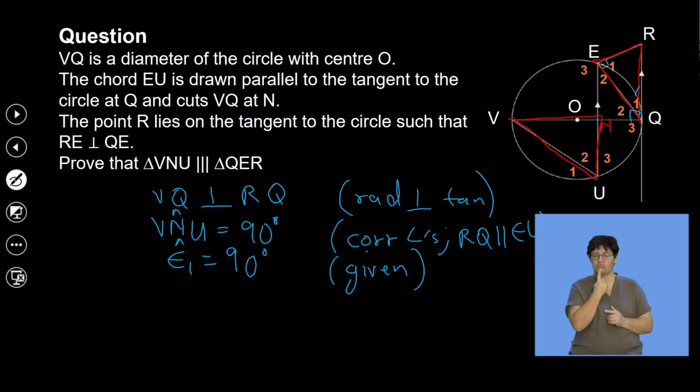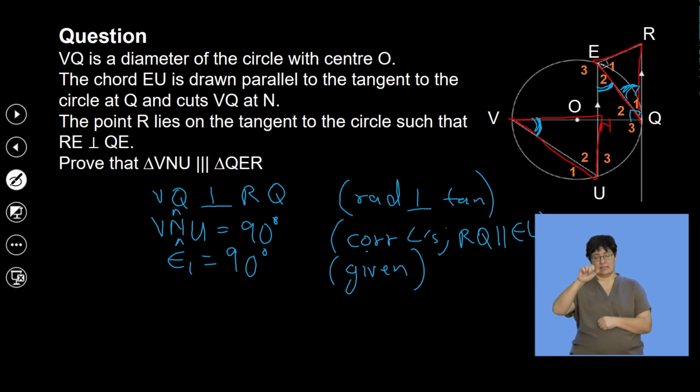So already I have one angle that is 90 degrees, so I must try and show that this angle here, which is V, is equal to that angle there, which is the angle E2, and therefore try to use that in the other triangle to see whether it can be linked to this angle here because of alternate angles, you see.